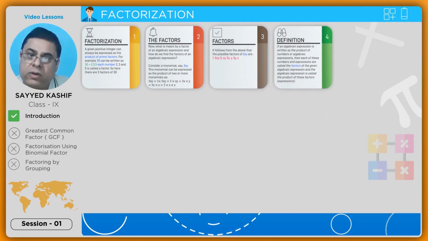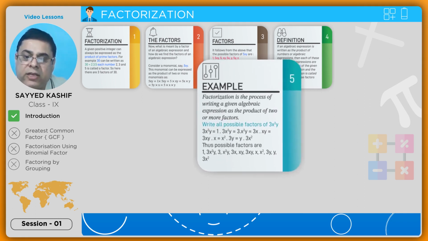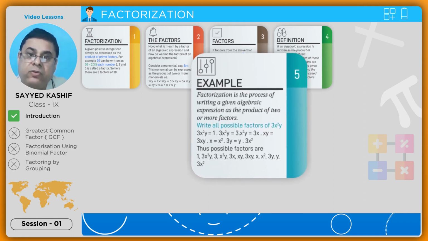So in total, factorization is the process of writing a given algebraic expression as the product of 2 or more factors. For example, let's write all possible factors of 3x square y, which can be written as 1 into 3x square y, can also be written as 3 into x square y, can also be written as 3x into xy, can also be written as 3xy into x, can also be written as x squared into 3y, or y into 3x squared.